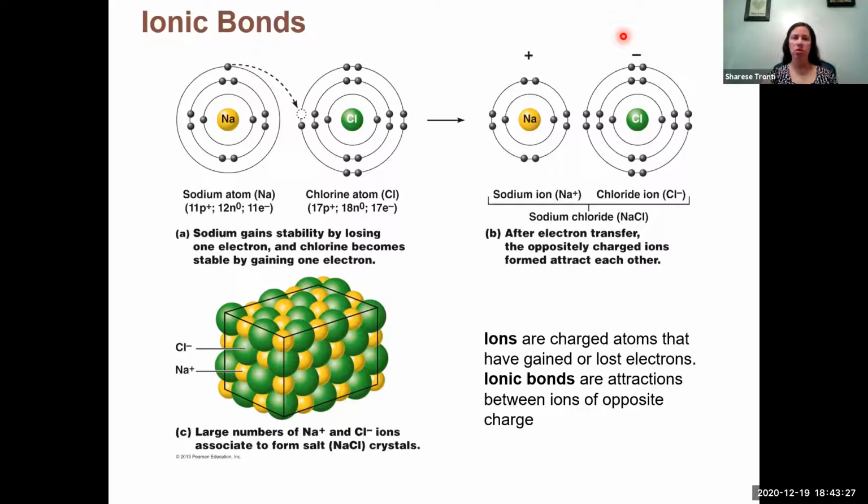And so that's what actually is forming. Remember that an ion is a charged atom. So these are 2 ions. An ionic bond is the attraction between these 2 ions. And if we have a lot of them, then they end up having this like lattice or crystal formation. So we have like a positive sodium, a negative chlorine, another positive and another negative, and so on and so forth.